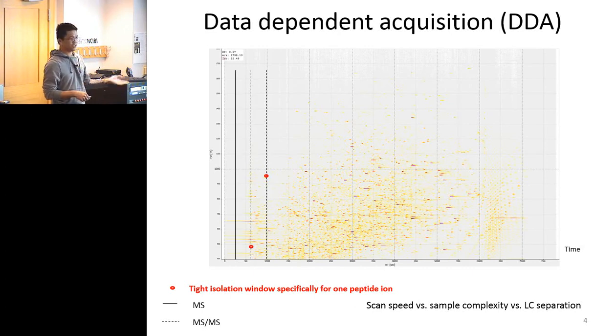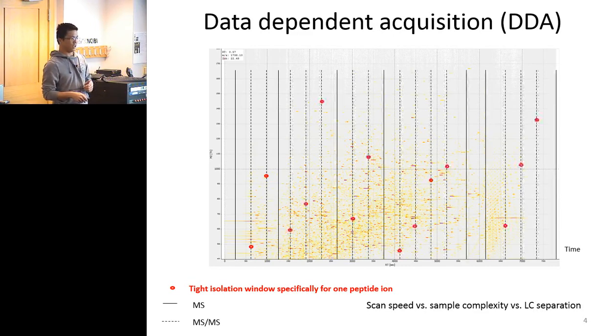Once we finish one cycle, we do another MS1 scan and repeat this cycle across the whole LC gradient. So you can see that the way the instrument acquires the MS2 spectra is more like a random event, because it only selects the top high abundant peptide signals.